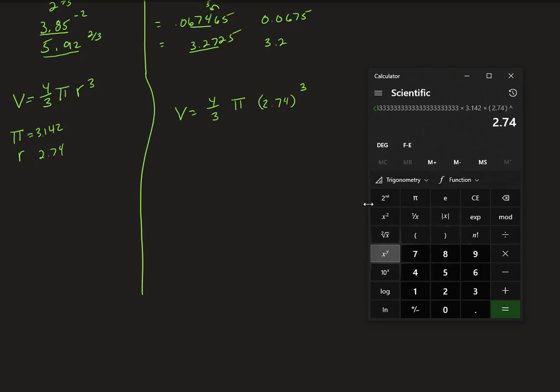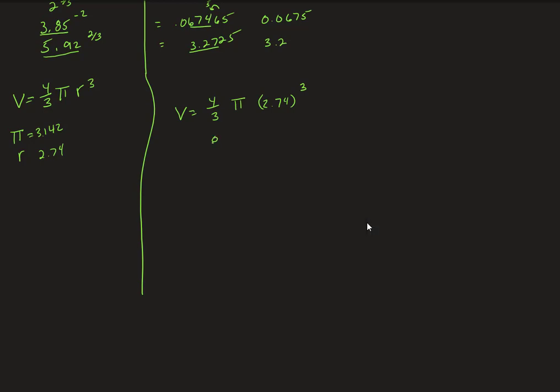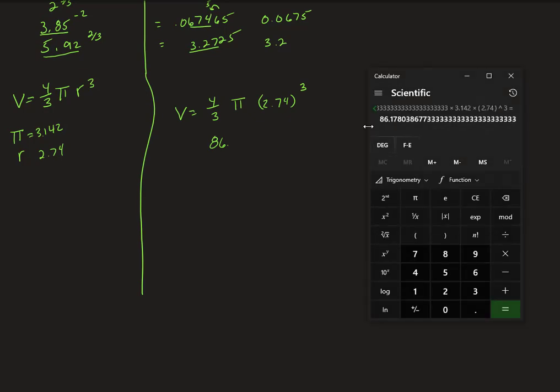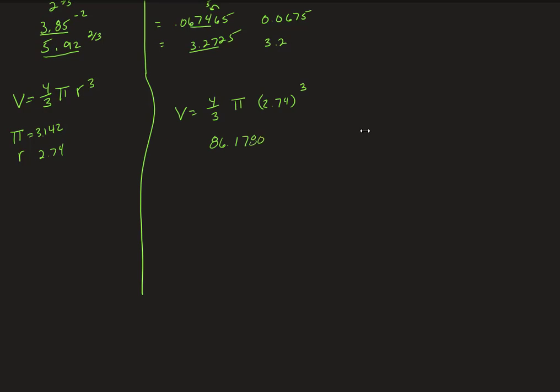Hit the XY key, and you'll notice a little caret up here on the calculator to the 3rd, equals, and we should come up with 178.03, and the number, of course, is bigger than that.